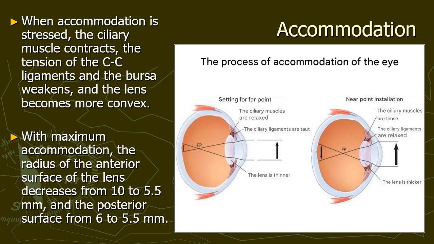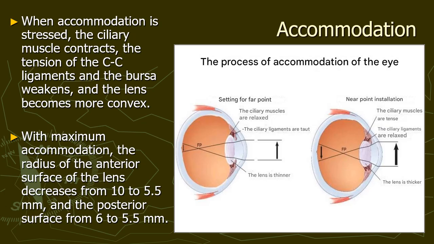In the case when we consider an object at a close distance, signals are received in the brain, and we have reflex changes in the shape of the lens, because the muscles contract in this case. On the contrary, the ligaments will weaken.